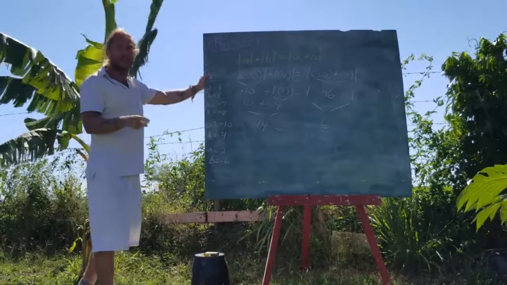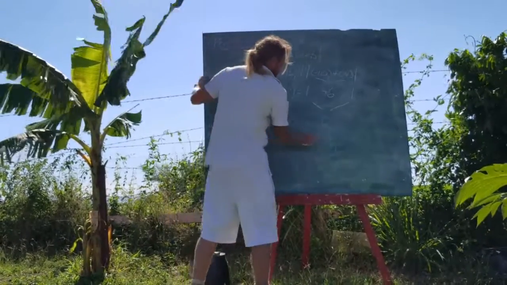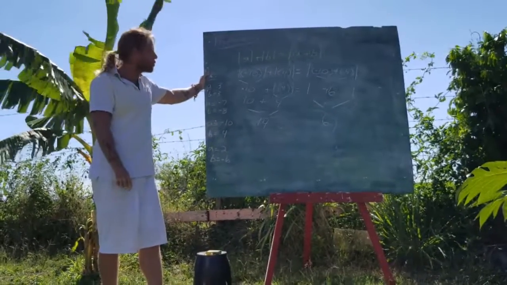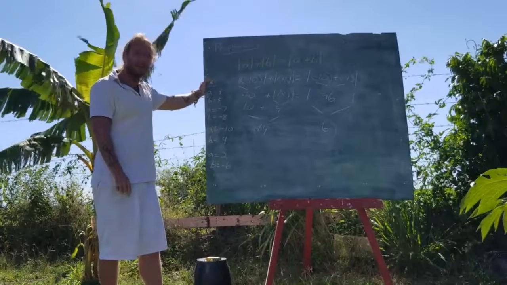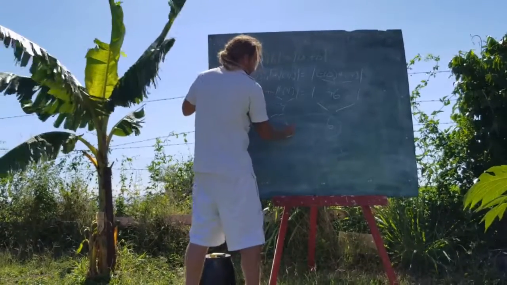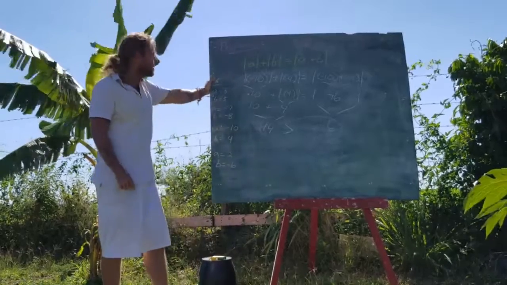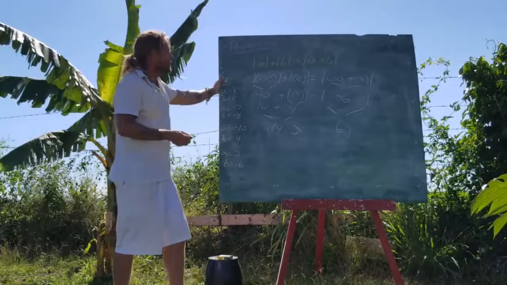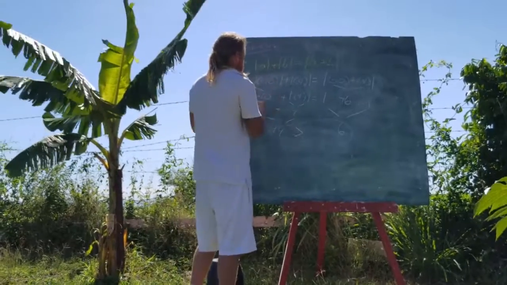This isn't a true statement, is it? 14 is not equal to 6. Now we could say 14 is greater than 6, but it's not equal to. So let's note this up here.